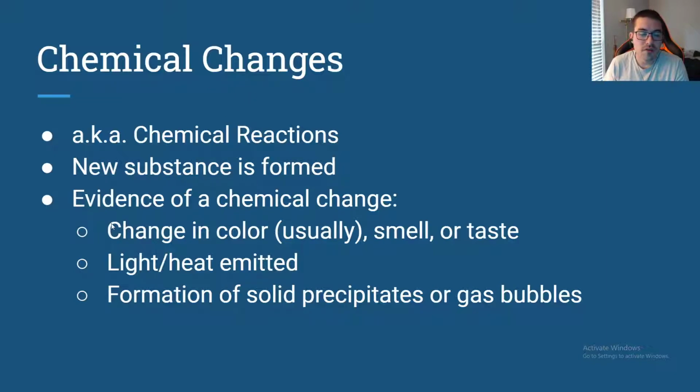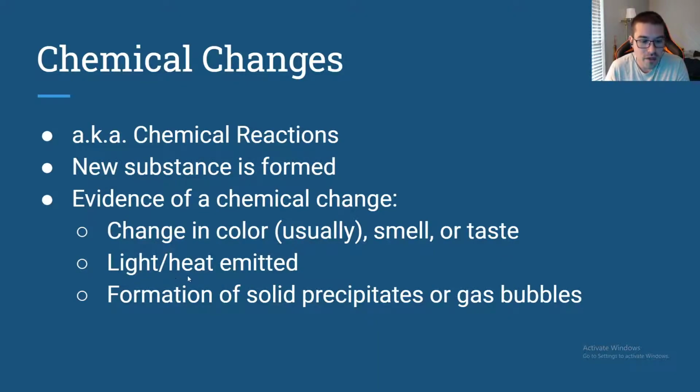There are some pieces of evidence that you can use to notice when a chemical change has taken place, okay? If a change in color takes place, that usually means that a chemical reaction or a chemical change has happened, right? Same thing with smell or taste, right? If something happens and you notice that there's a new smell, that means that a chemical reaction has taken place. Same thing with taste, okay?